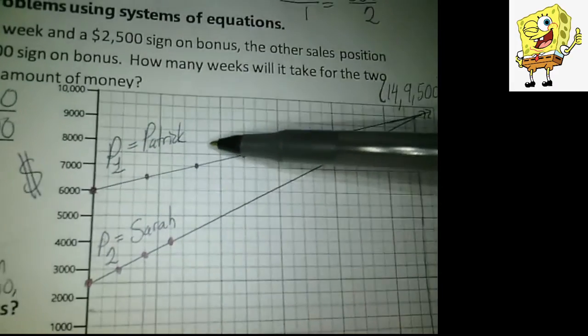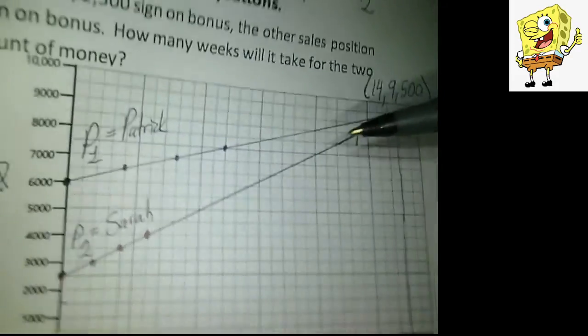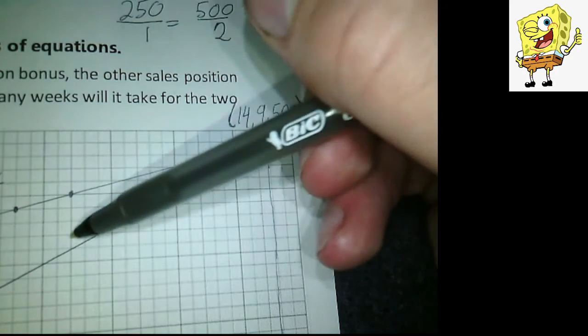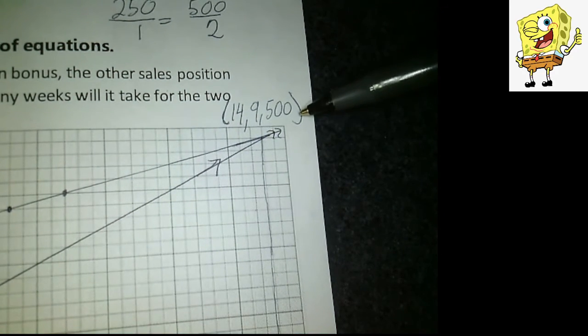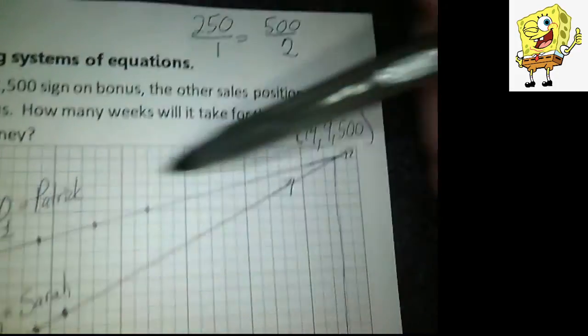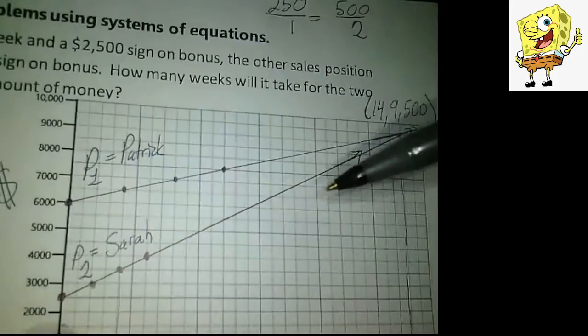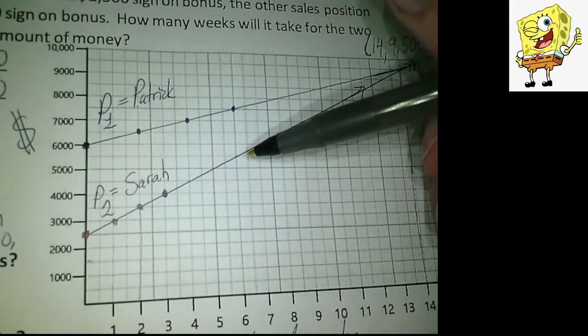But as you notice, that difference, I'll even shade it in a little bit, or you could see maybe how I'm shading it, becomes smaller and smaller. And if we were to extend this, you might be able to envision Sarah begins to overtake Patrick. So in the long run, Sarah's position is more profitable.